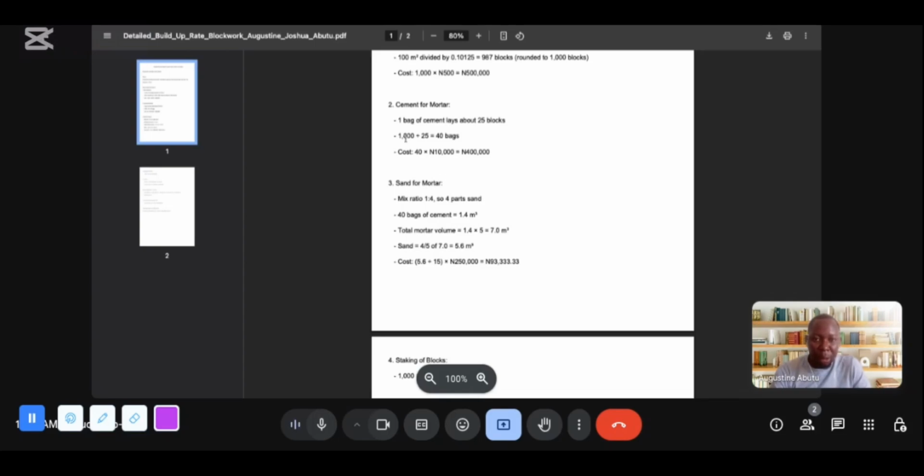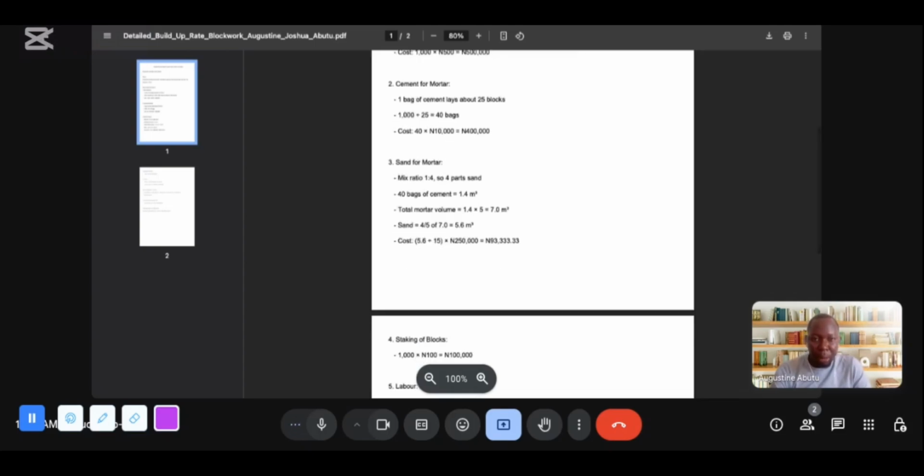We'll be dividing 1000 by 25, and then we'll have 40 bags, which means that 40 bags would be enough for 1000 blocks. The cost of one bag of cement as at today is 10,000. So you multiply 10,000 by 40, it will give us 400,000. So we are done with our cement.